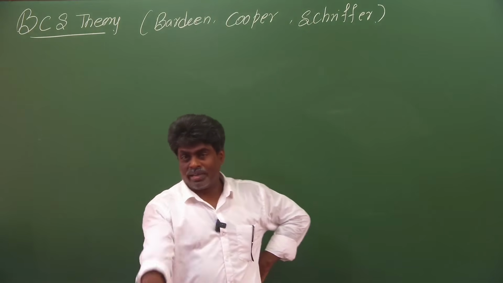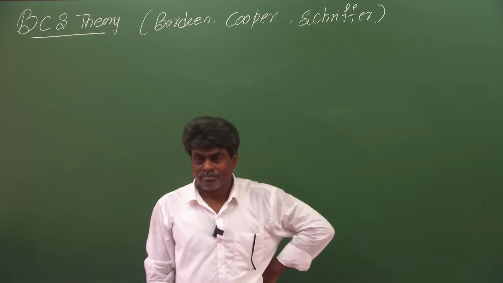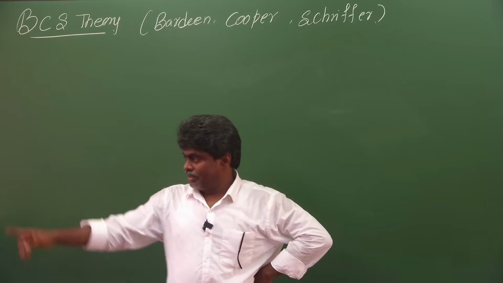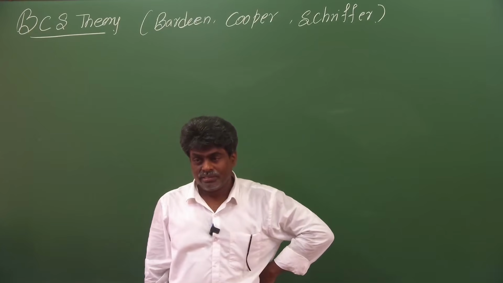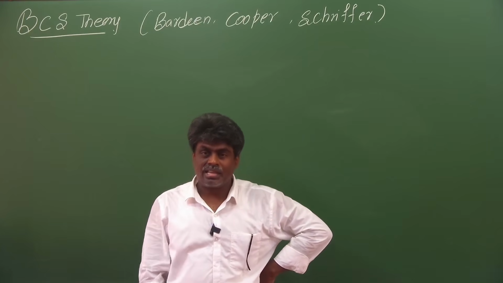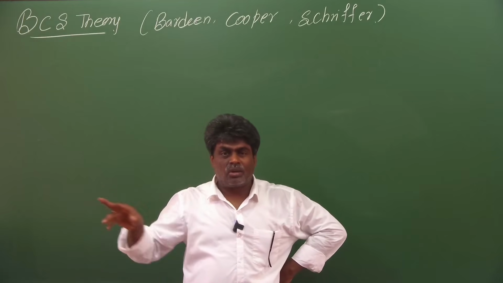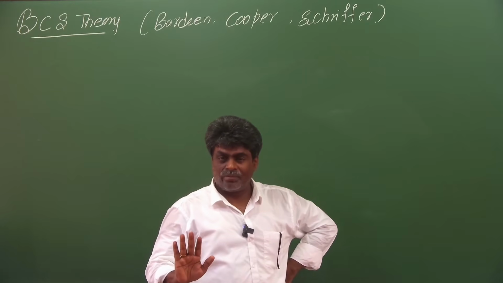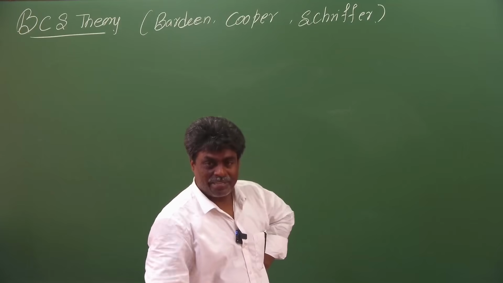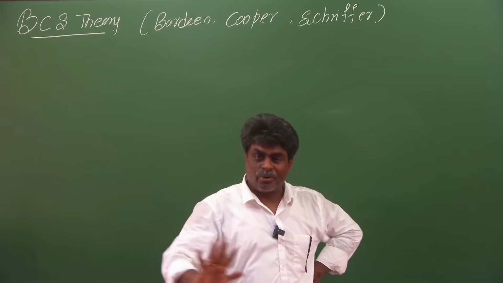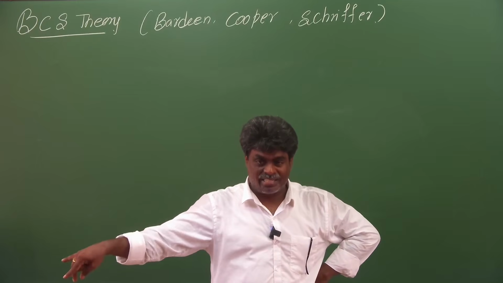Now that is one of the electrons. She wants to send a message to that girl. Then how will they send it? What will that electron do? That electron will push the other person, that means the other location, the lattice site.